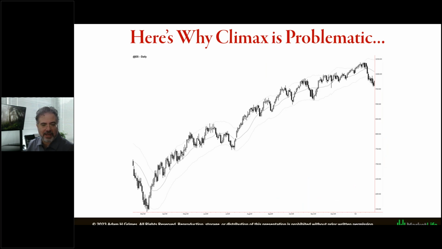So the problem with Climax is that if you want to mark spots where this market was potentially climactic, and this is off of the March 2009 lows, you'd find yourself marking a lot of climaxes here, and then the market just continues to rocket higher, more or less, for years and years and years.